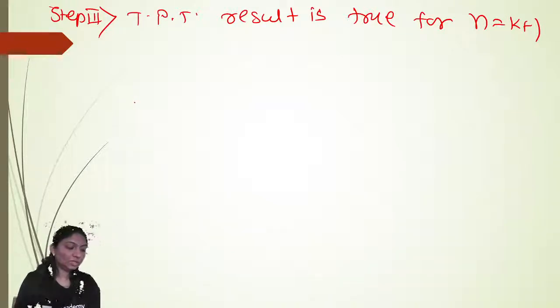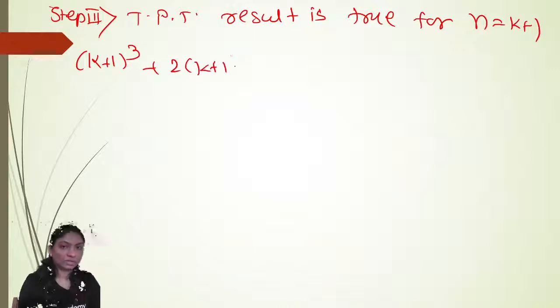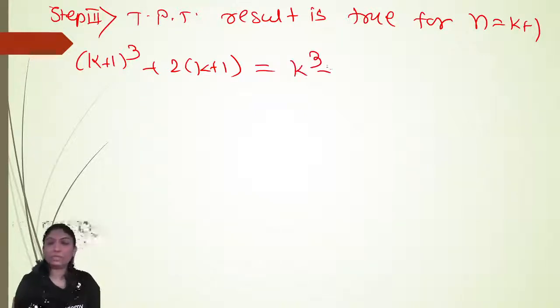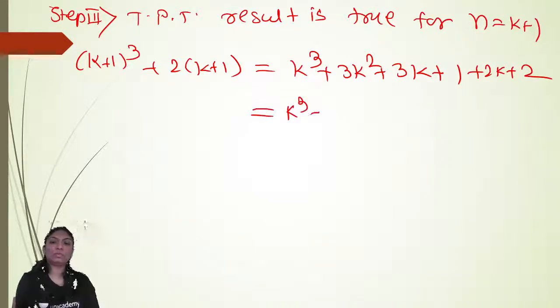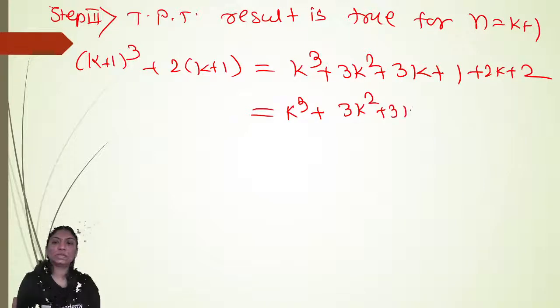So for that, we have to prove that k plus 1 bracket cube plus 2 into k plus 1, which is nothing but k cube plus 3k square plus 3k plus 1, plus 2k plus 2, meaning k cube plus 3k square plus 3k plus 2k plus 3.